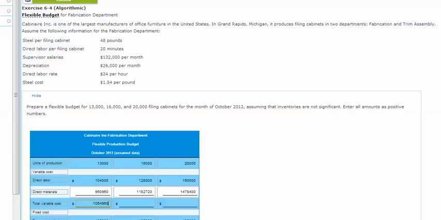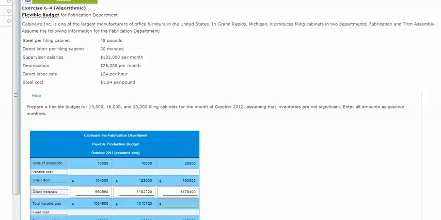Next, I'll do the 16,000 units, 128,000 plus 1,182,720 equals 1,310,720.